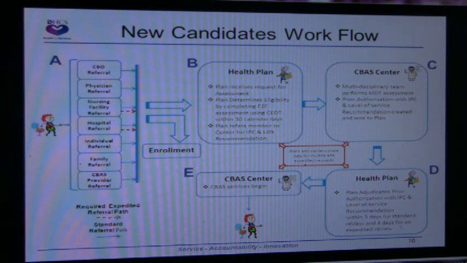Our focus today is to talk about the new tool, so we weren't planning on spending a great deal of time walking through any of these, but these slides are here for your reference, especially those of you joining us today who are new to the program, so that you understand how a new individual comes in and obtains CBAS services through the referral process, their enrollment into managed care if they're not there yet, the request for eligibility determination and face-to-face by the plan from the CBAS provider or the other referring entity, the CBAS center doing their multidisciplinary team assessments, submitting a request for authorization for services, and then the beginning of services.